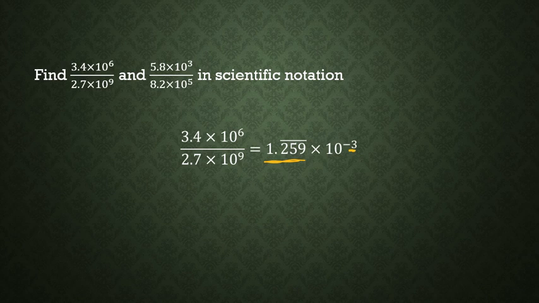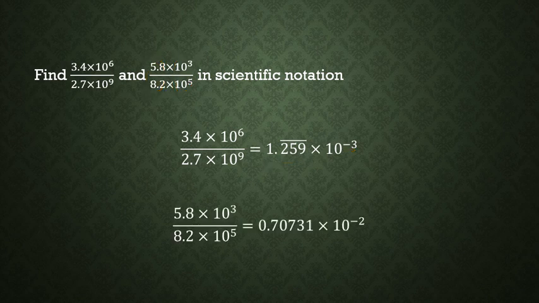The second one, if you do 5.8 divided by 8.2, and then 10 cubed divided by 10 to the 5th. 5.8 divided by 8.2 is 0.70731, and 10 to the 3rd divided by 10 to the 5th is 10 raised to the power 3 minus 5, or negative 2.